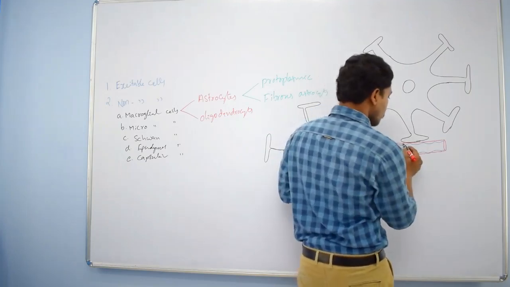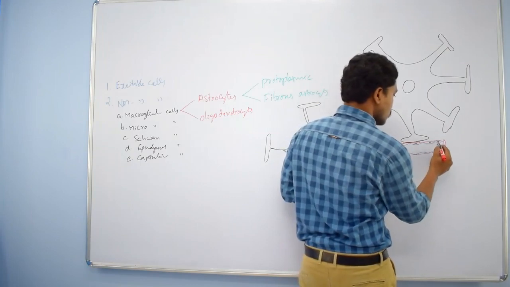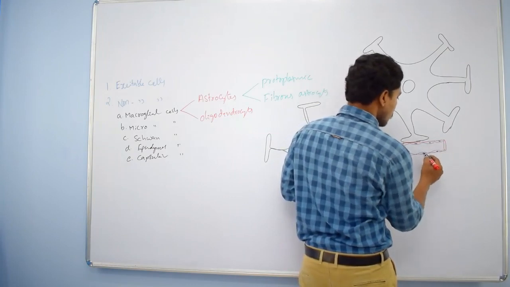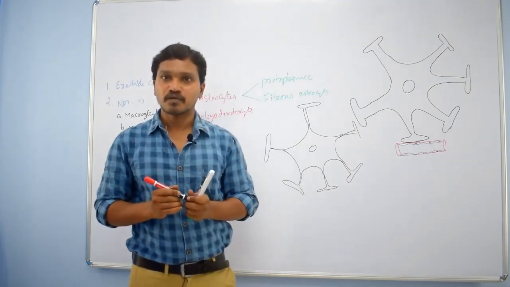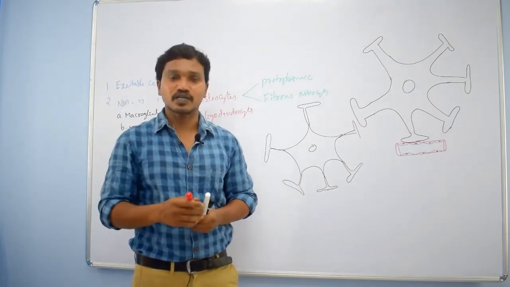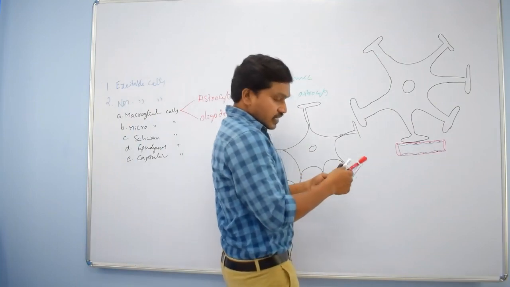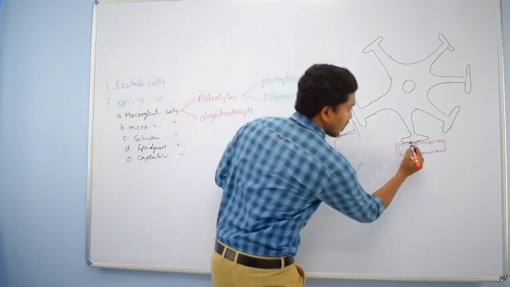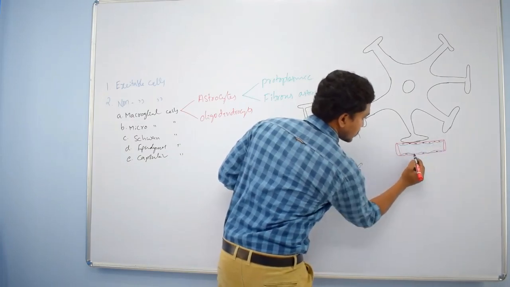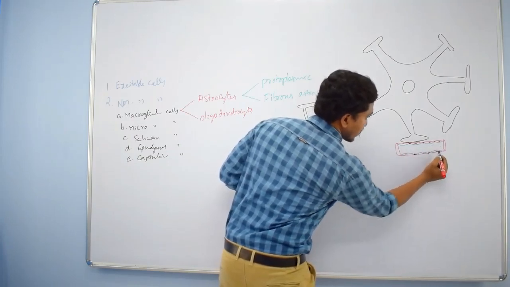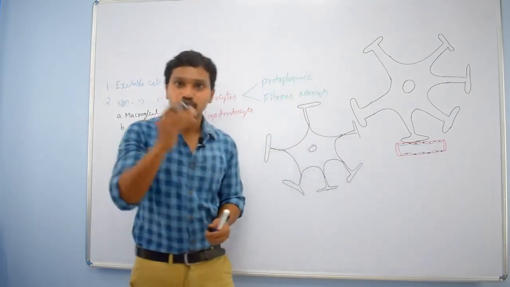There is no gap between the cells, to avoid leakage of blood substances into the brain tissue. Right? And also one more precaution: there will be tight junctions between the adjacent cells to prevent leakage.